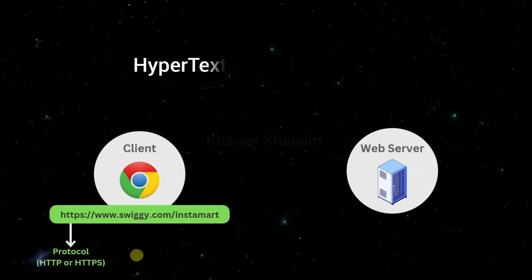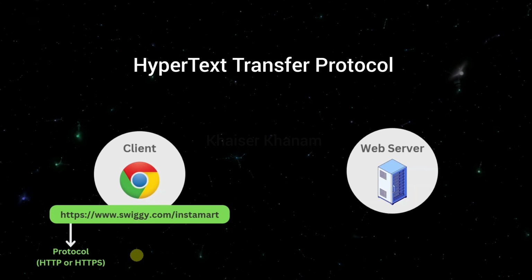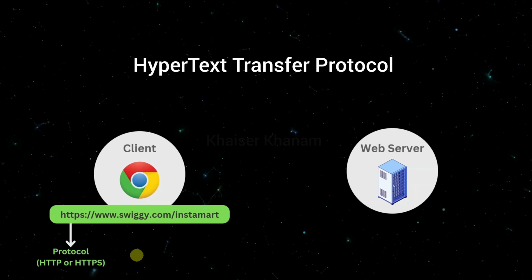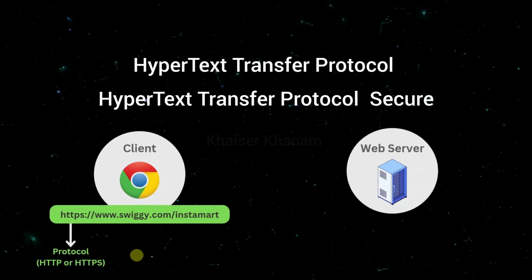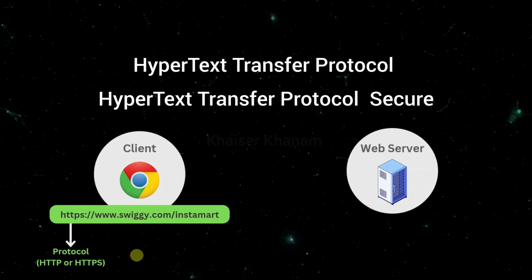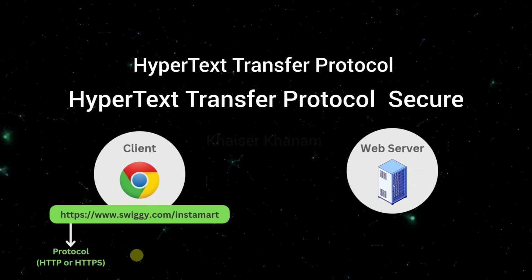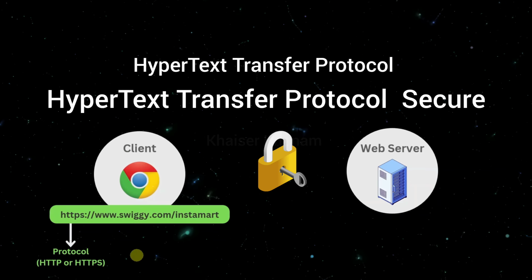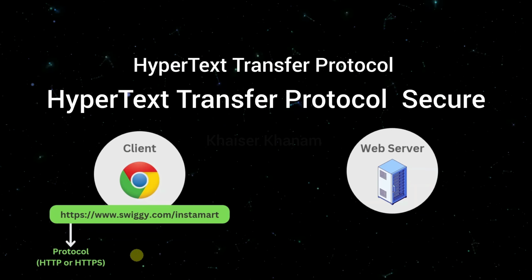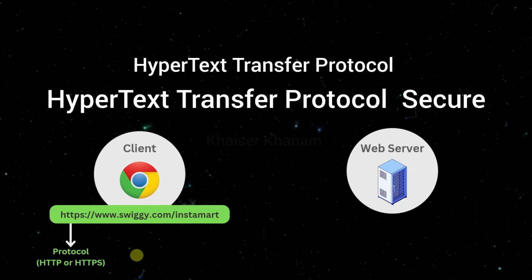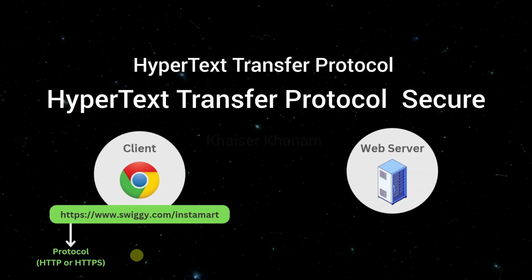HTTP stands for Hypertext Transfer Protocol and HTTPS stands for Hypertext Transfer Protocol Secure. And main difference between this protocol is HTTPS will be encrypted, which will be using TLS or SSL certificate. So whatever logic we will be using behind HTTP request, same logic will be applied for HTTPS.